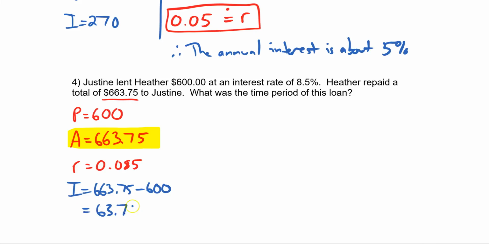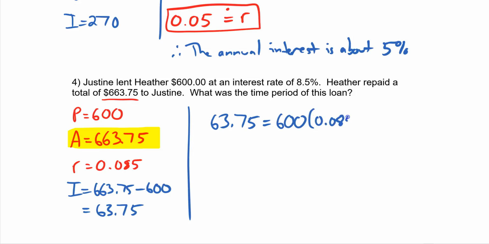So she was charged an additional $63.75. That is the interest that she was charged. So I can put that interest into the equation along with the principal, the rate, and we will be solving this time for the time.